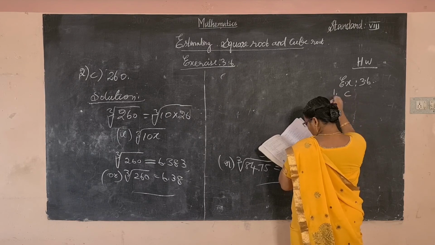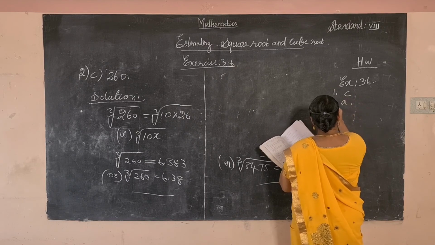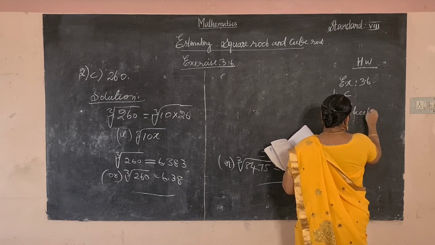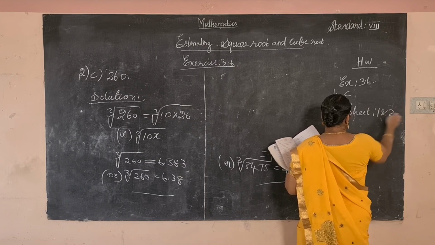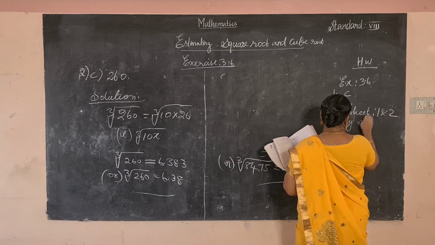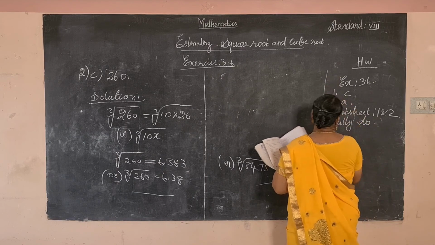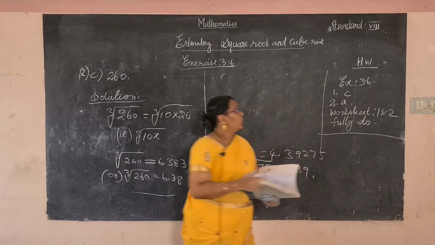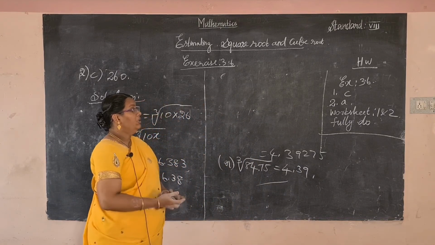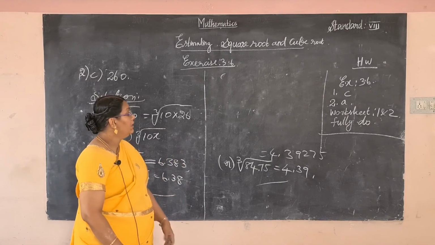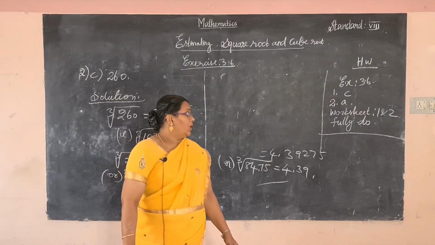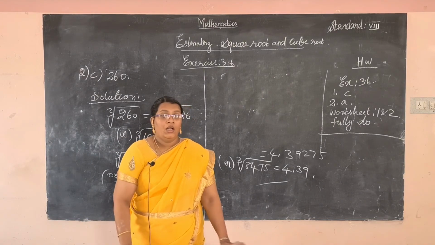First is C, second is A. Okay. So exercise 3.6, one C problem, second A problem, okay, and also complete worksheet 1 and 2 fully.